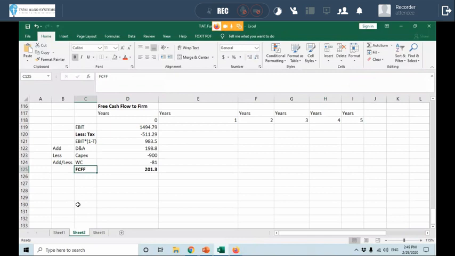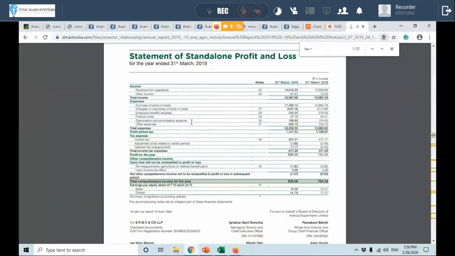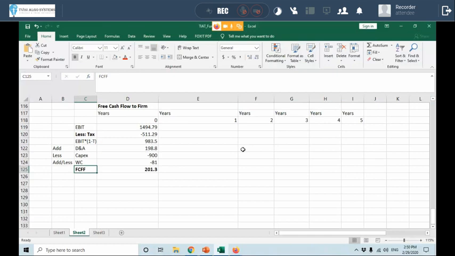Now, just to give you a brief idea, assume what the sales drivers are for DMart. Today DMart's sales is 19,916 crores. For this year, March 2020, what will be the sales? For 21, what will be the sales? I know DMart is in the business of retail.